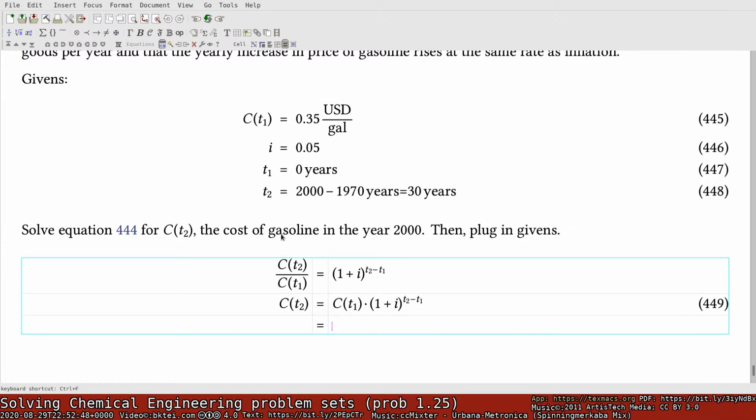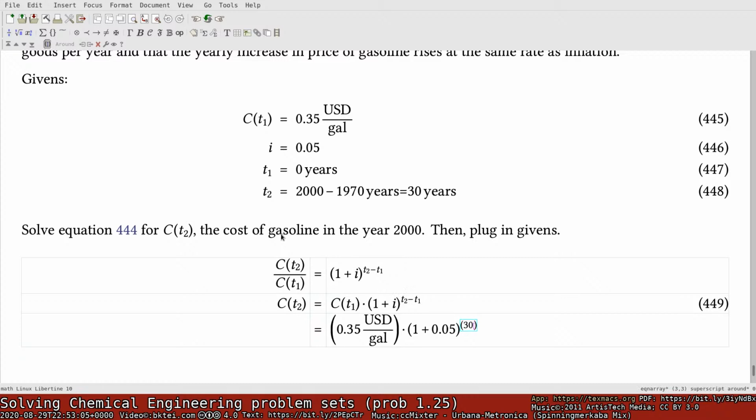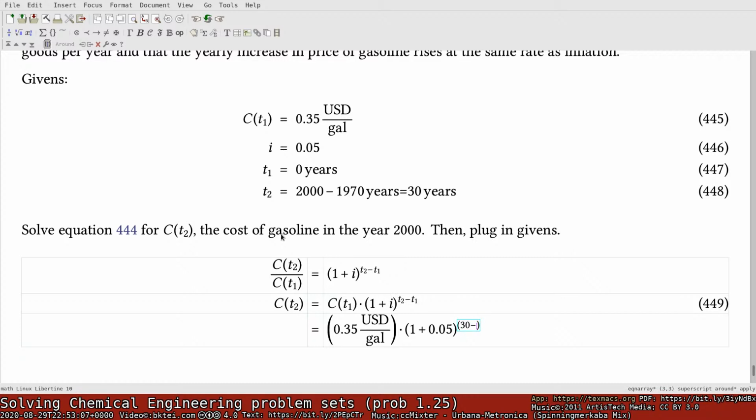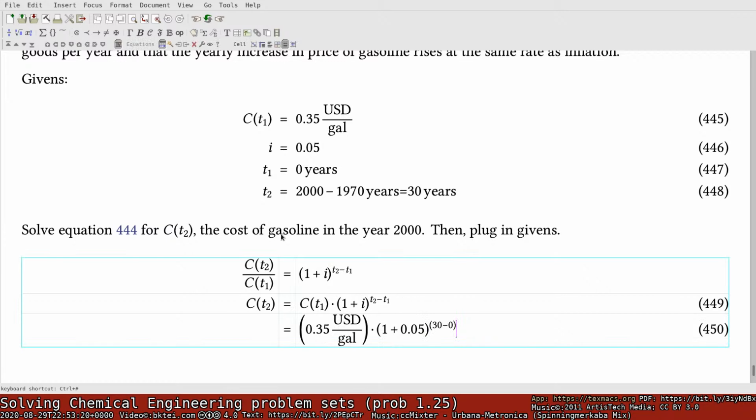All right, CT1 equals 0.35 USD per gallon times 1 plus 0.05 raised to 30 minus 0, and I guess there should be some kind of a ratio in there, but I'm just going to ignore it because I don't want to get into that. This seems such a simple formula here.